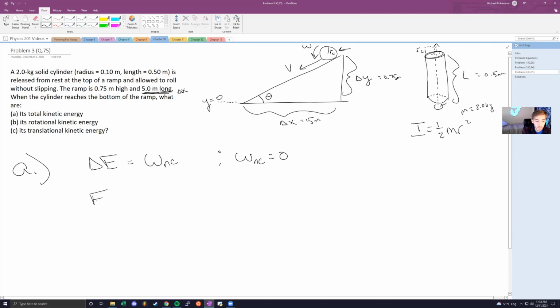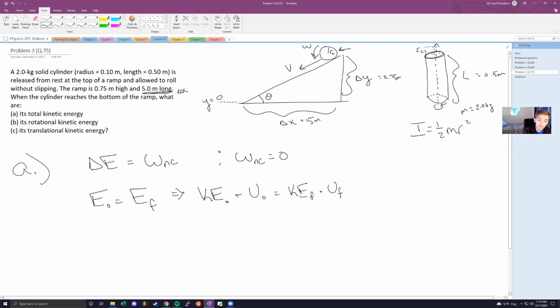So we can say that our initial energy of the system is going to be equal to that of our final. So our total kinetic energy initial plus our potential initial is going to be equal to that of our kinetic energy final and our potential final.